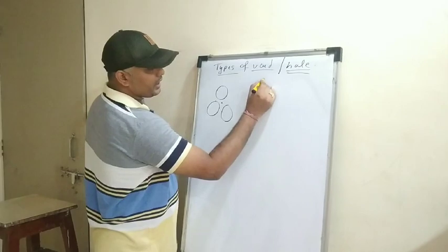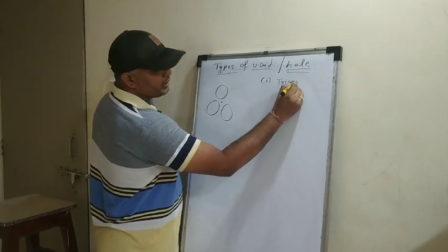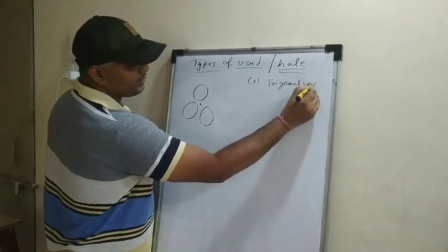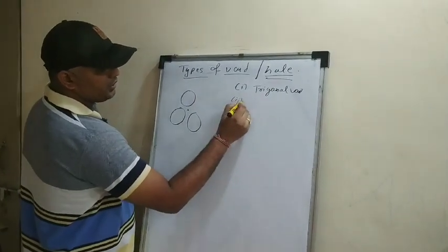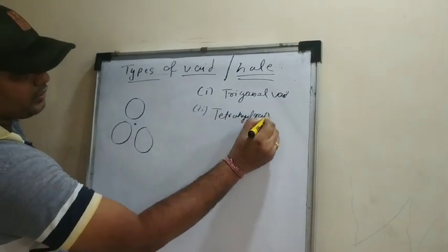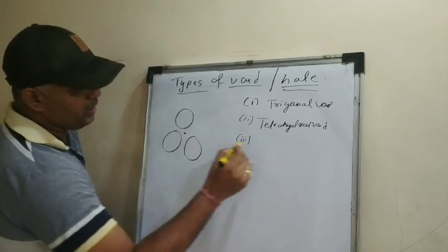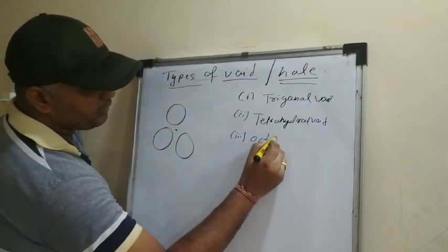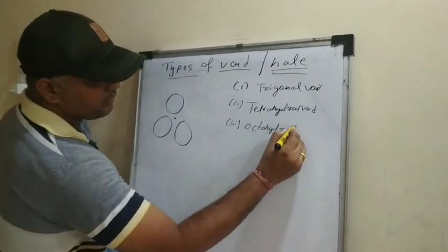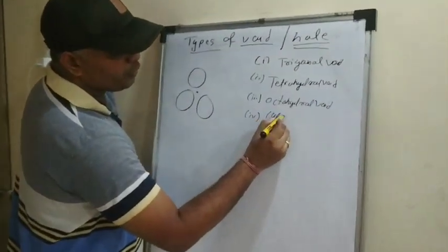Now basically there are four types of void. Number one, trigonal void. Number two, tetrahedral void. Number three, octahedral void. Number four, cubic void.